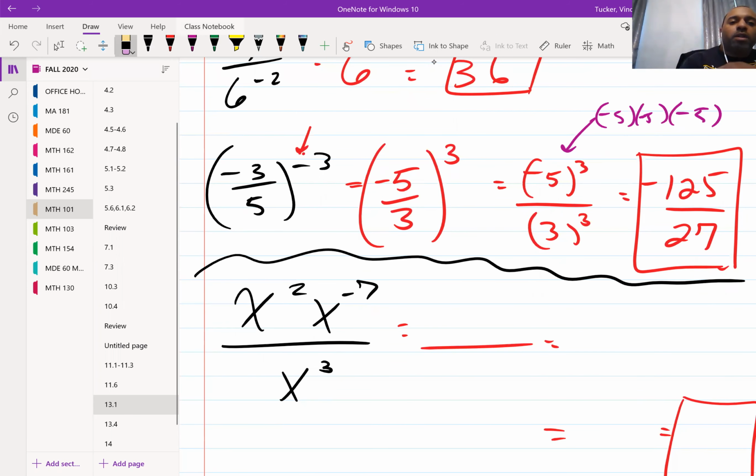All right, so now this square that's out here needs to go to each piece that's in the parentheses.